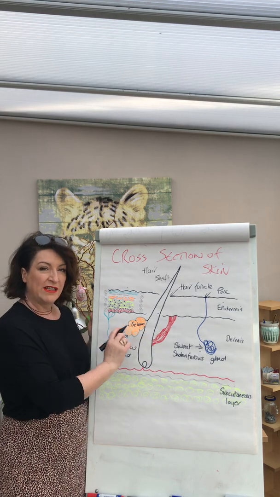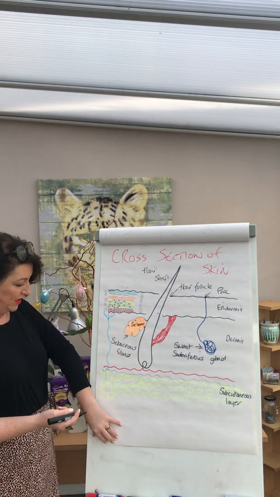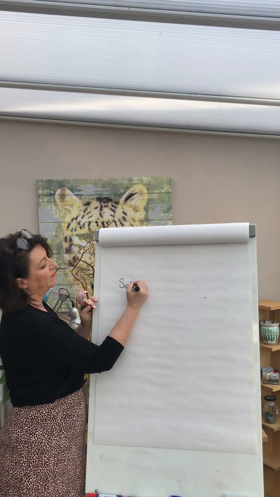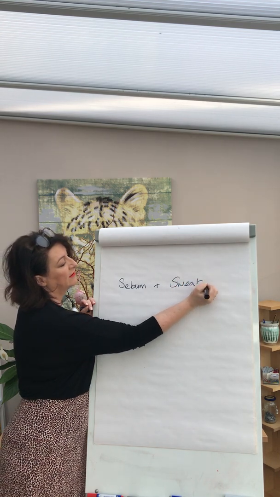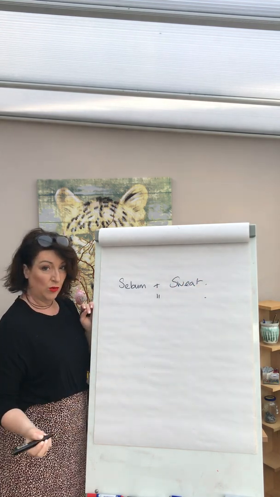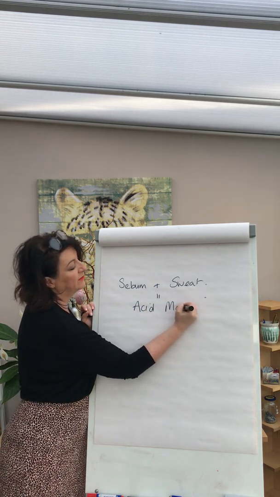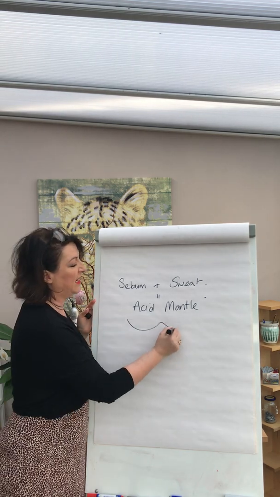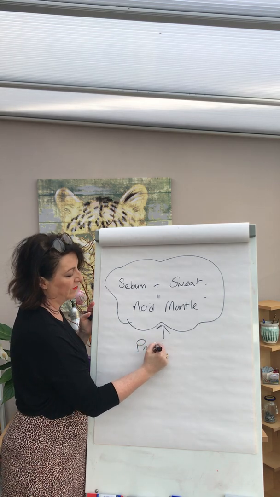On top of our skin surface, I'll put this on here now, the sebum and the sweat, it forms something called an acid mantle. And the acid mantle is like the skin's protective layer.